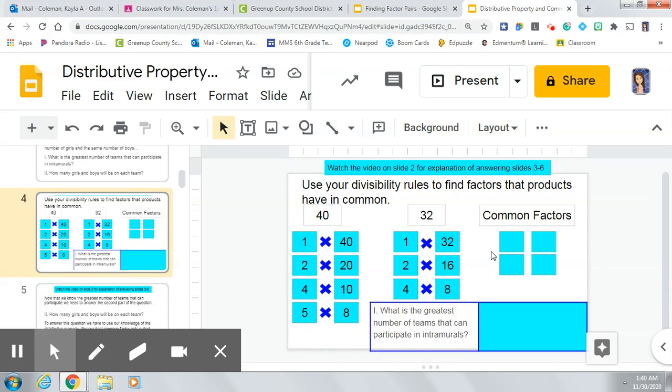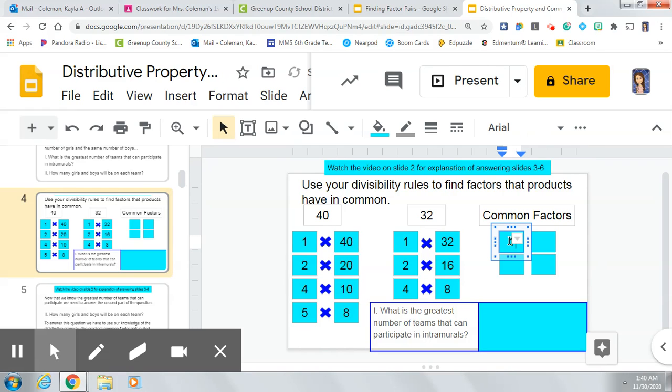So I want to know how many teams of equal boys and equal girls we can get. So I can make teams of 1 because we have a common factor of 1. We can make teams of 2.